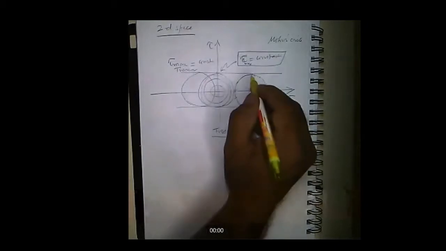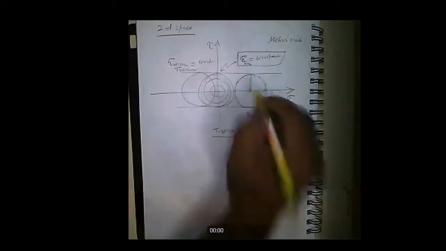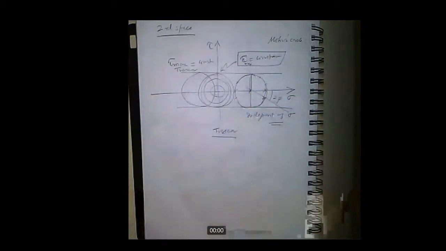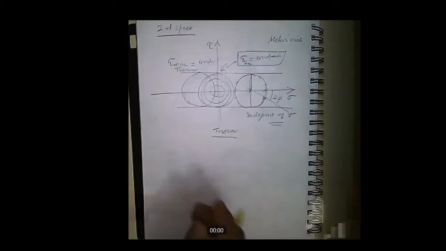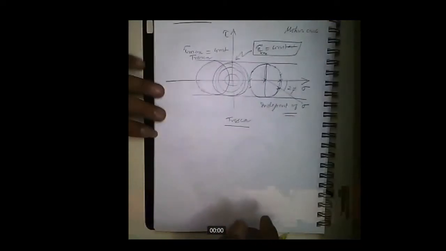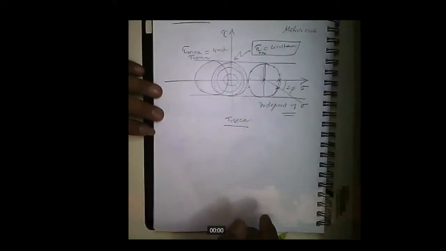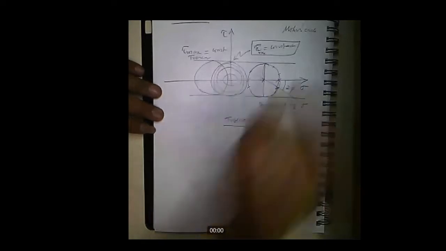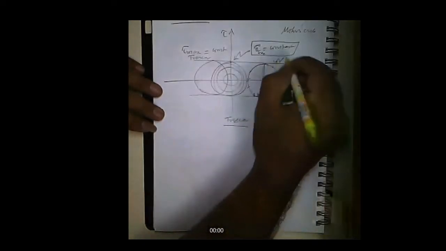It plays a role only in the difference between sigma 1 and sigma 2. You mean failure? You mean to say failure is independent of sigma? So this is the yield condition. This is the yield line.